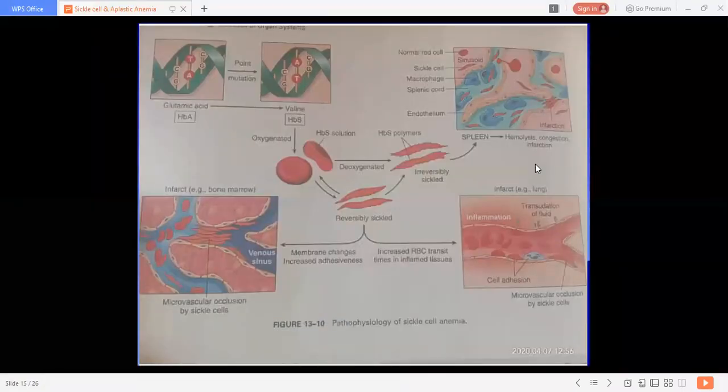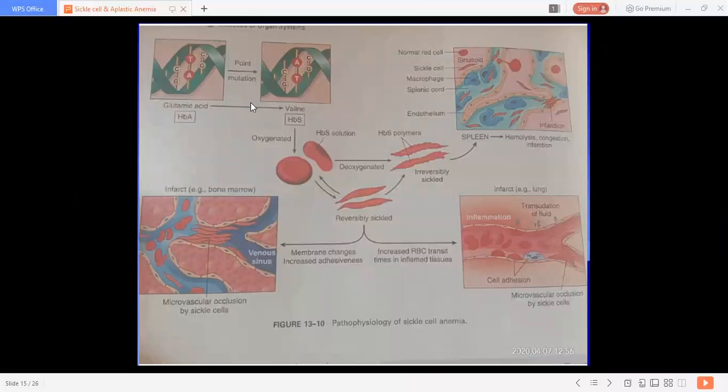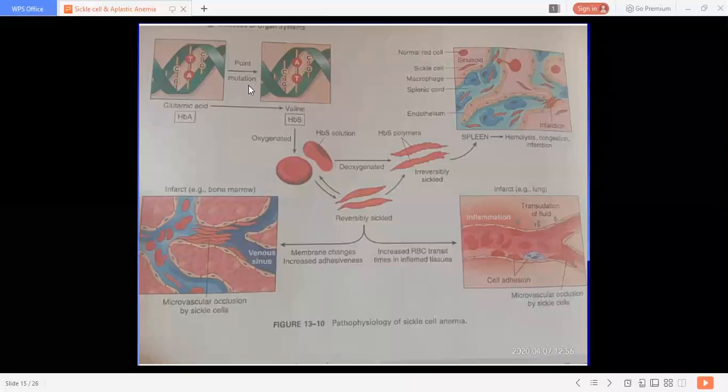Now this is a picture showing the pathophysiology of sickle cell anemia. It is clear on your screen. Yes, you can see here glutamic acid. During mutation, it gets converted into valine.